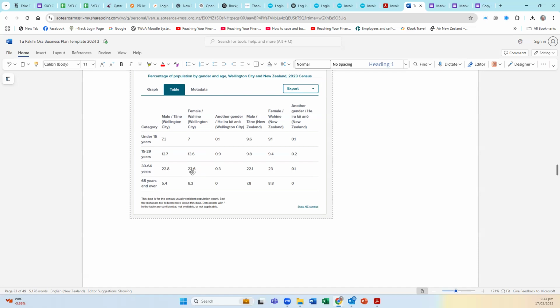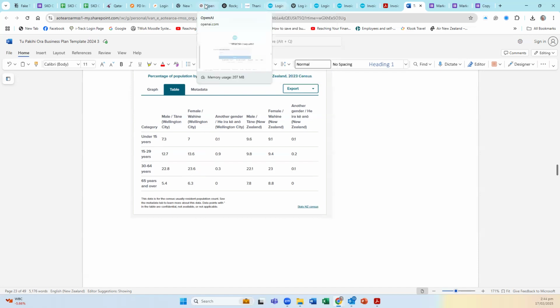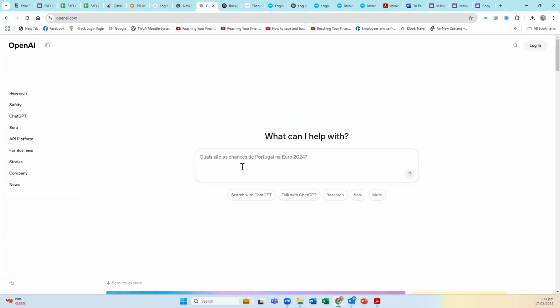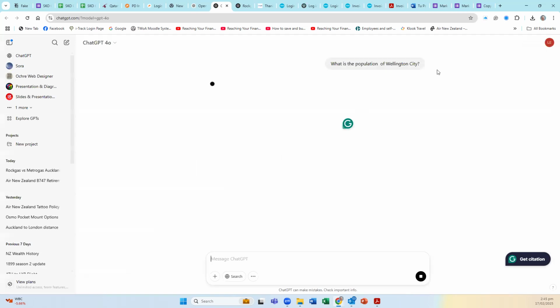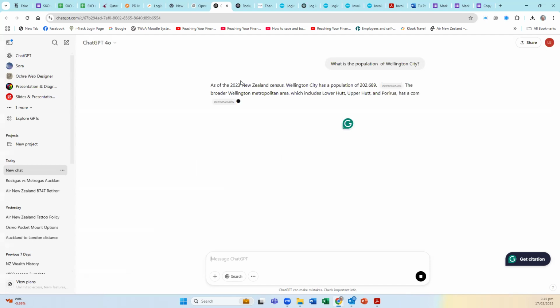Let me just have a look at ChatGPT and see. So what is the population of Wellington City? See if it comes up with anything. So see, it's searching the web. Okay.